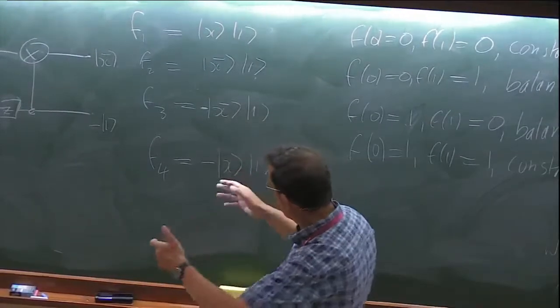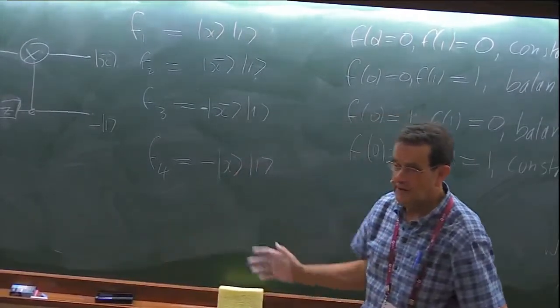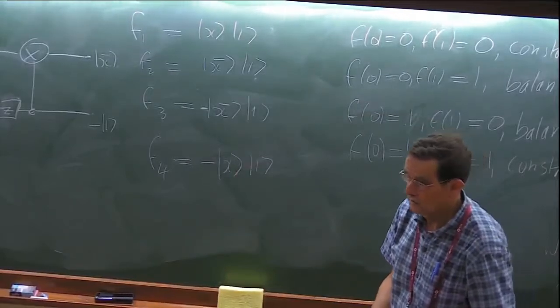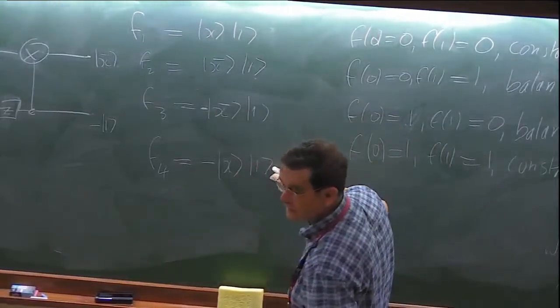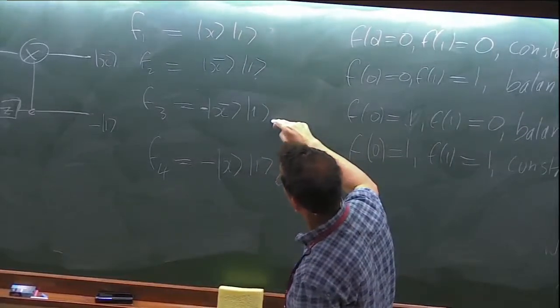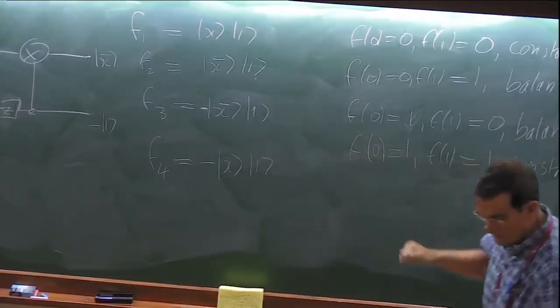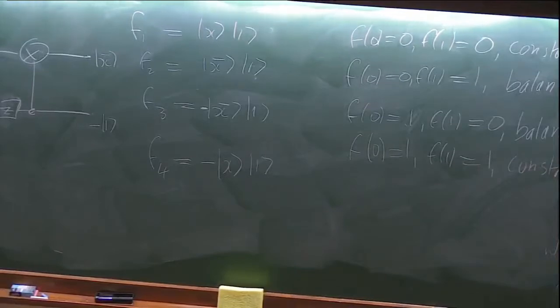And when you do the measurement, you don't determine the sign of the wave function. So doing the measurement, you cannot distinguish between this state and this state, or similarly between this or this. So you don't know individually the values of the function for the two arguments, but you can answer this other question of whether it's constant or balanced with one call to the function.